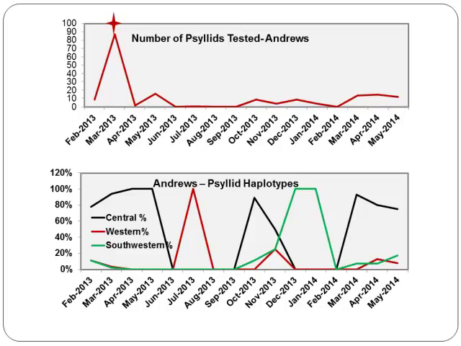Andrews is one of the locations. During spring, the central haplotype was dominant. In winter, we can see the southwestern haplotype was the dominant haplotype.